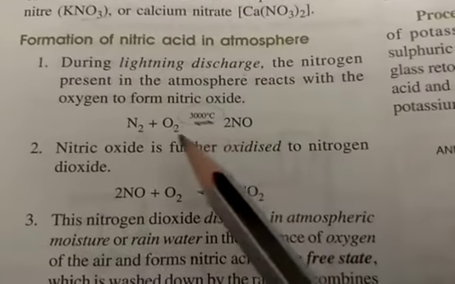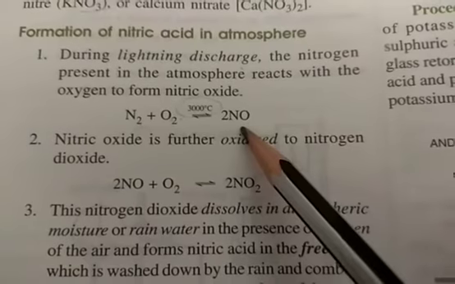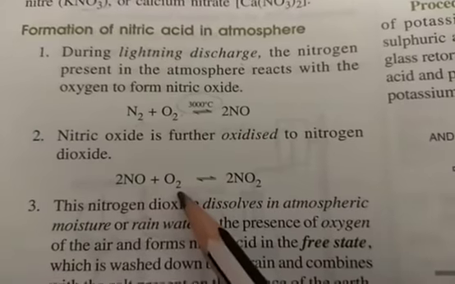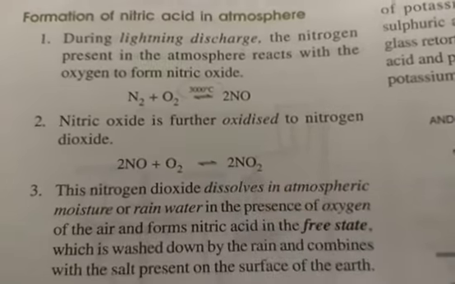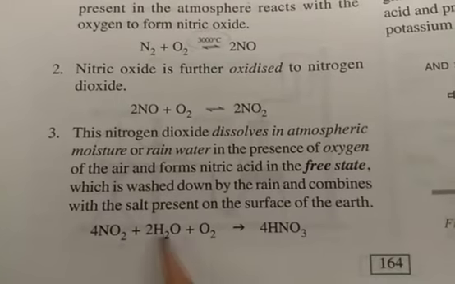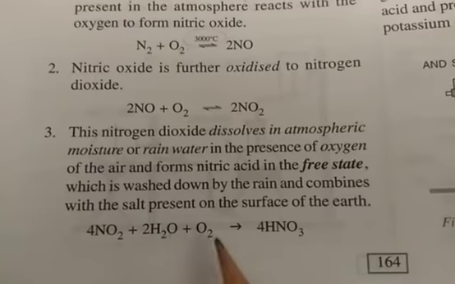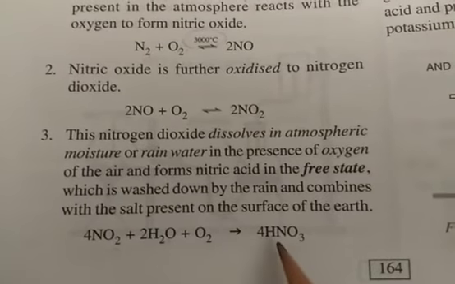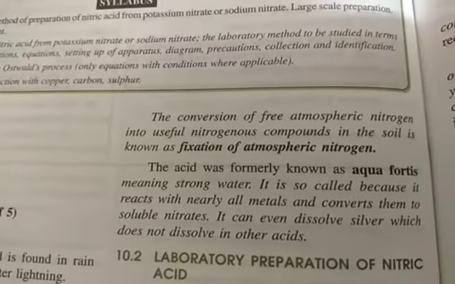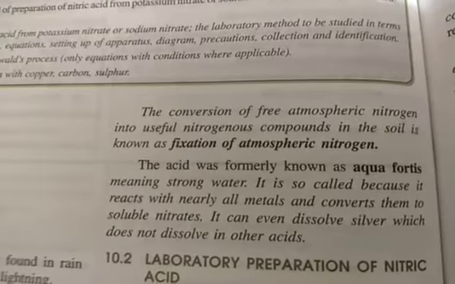At that time molecules of nitrogen and oxygen combine together to form nitric oxide, and this nitric oxide again reacts with oxygen to form nitrogen dioxide. When this nitrogen dioxide dissolves in the rainwater along with the oxygen, they all combine to form nitric acid. Initially this nitric acid was also known as aqua fortis.